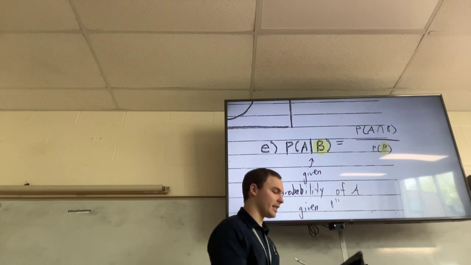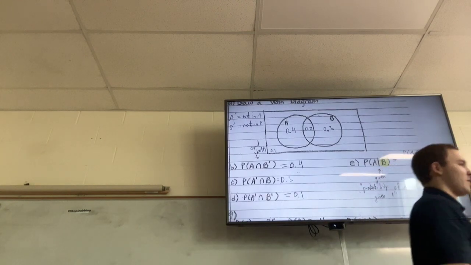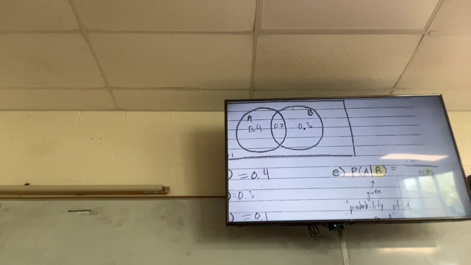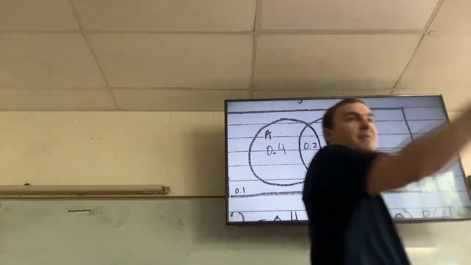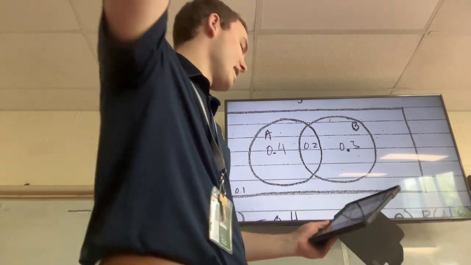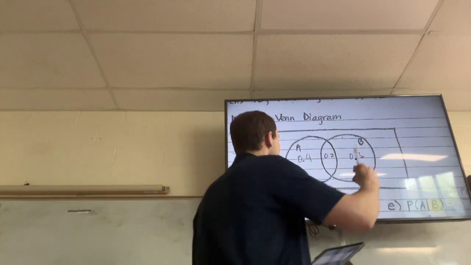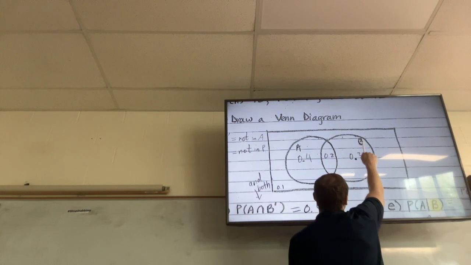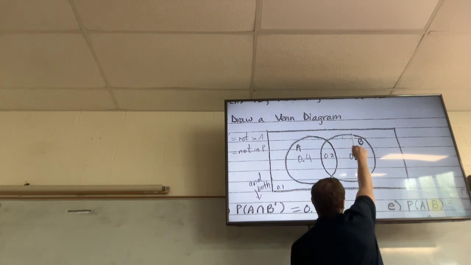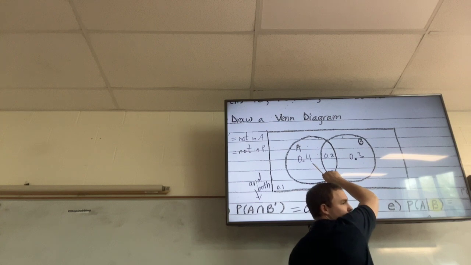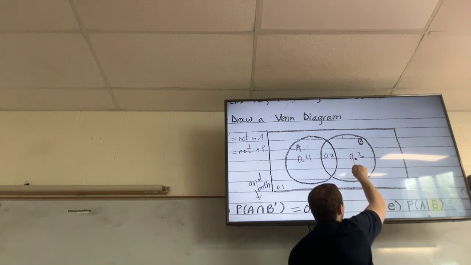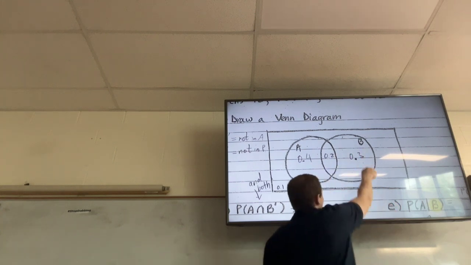So what this means is, say I threw a dart at this Venn diagram from the back of the room. It landed in B, somewhere in this circle. Given that it landed somewhere in this circle, what's the probability that it also landed in A? So it'd be 0.2 divided by the whole thing.